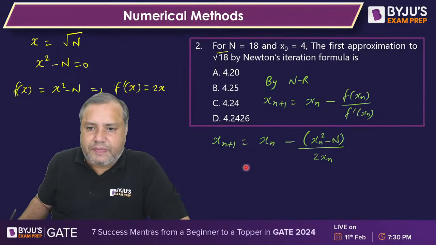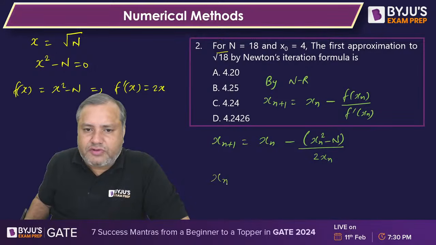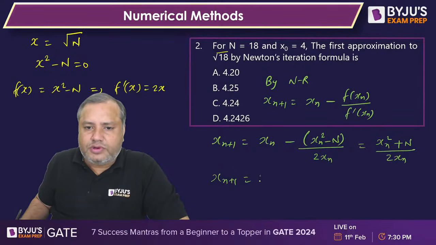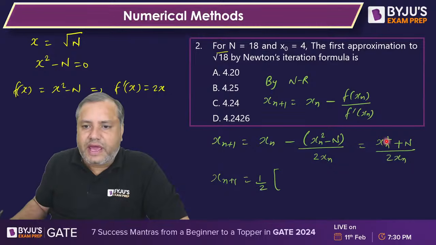Take the LCM. After taking the LCM, what you will get? Twice x n square minus x n square plus n, divided by twice x n. So if I take this 1 by 2 out, x n square upon x n is x n.